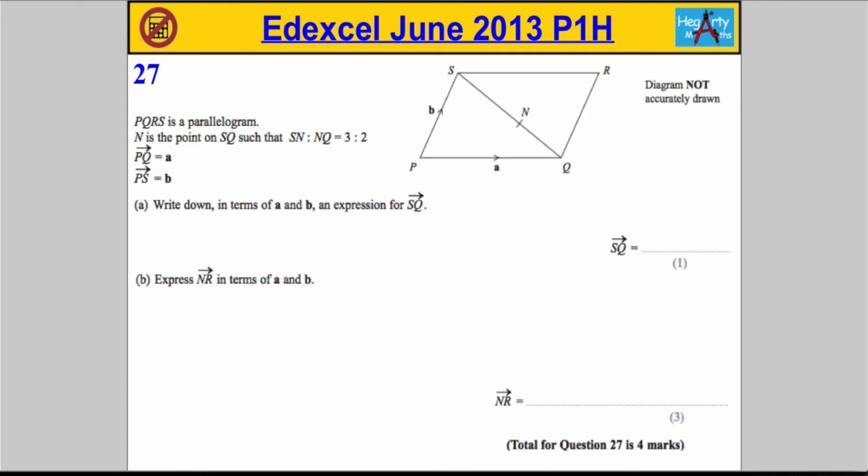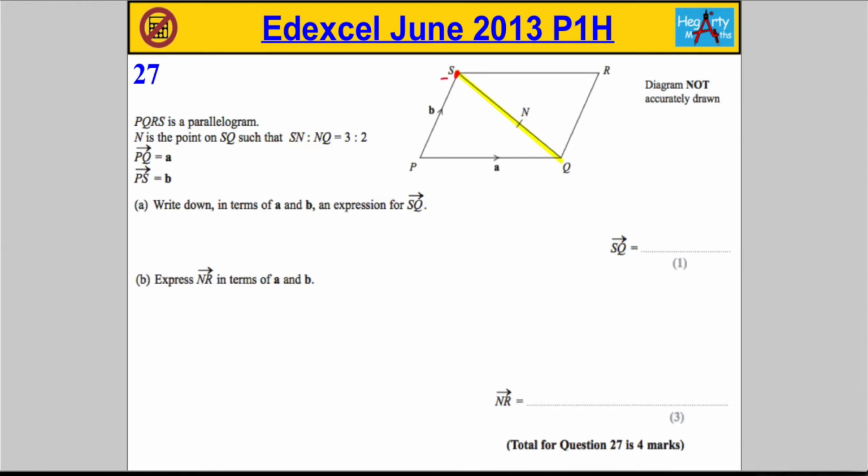So in other words, we need to use our A's and B's to describe how we might start at this letter S and end up at the letter Q. Now, the thing is, we don't need to go in any particular way. All we need to do is start at S and end up at the Q over here.